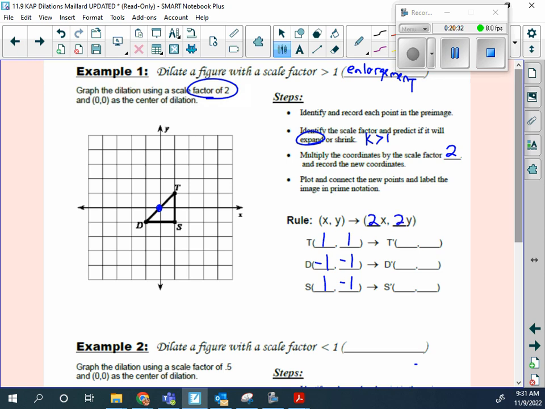Yeah, 2x, 2y. I'm just multiplying everything by 2. And now actually do it. So 1, 1 times 2 would be 2, 2. Negative 1 times 2, negative 2, negative 2. And 1, negative 1, 2, negative 2. And then finally it says to plot and connect the new points and label with prime notation. So go ahead and put 2, 2, T prime.